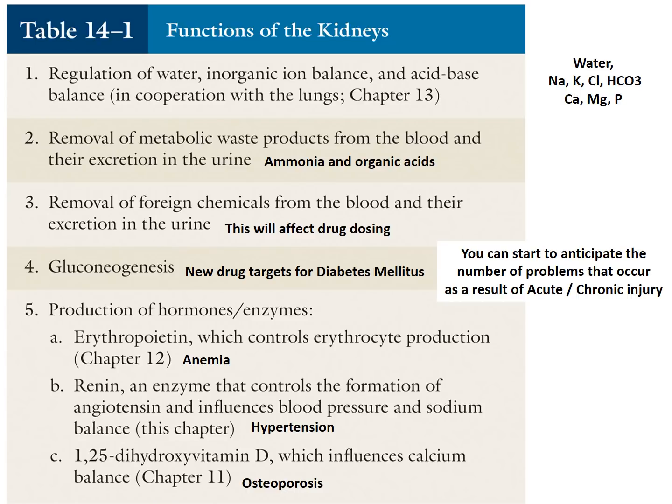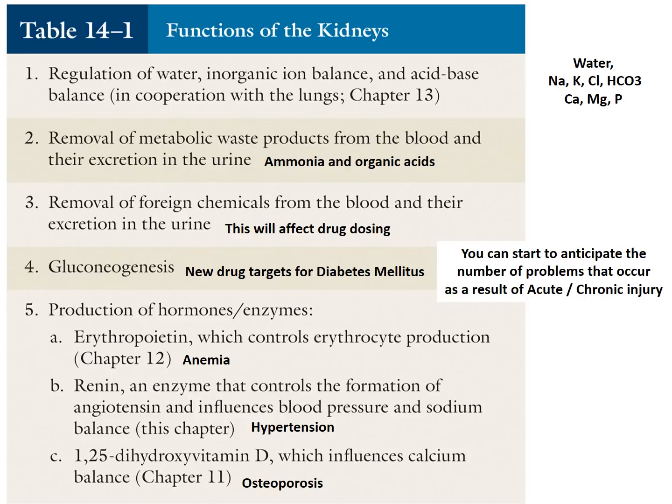But take a look at all the other stuff going on here in terms of removing waste products like ammonia, in terms of metabolizing and removing chemicals from the blood, such as drugs and other things we are exposed to in the environment. The kidney is able to generate and reabsorb glucose. As you saw, that became a target for treating diabetes mellitus with that class of drugs called the SGLT2 inhibitors, such as canagliflozin, Invokana.